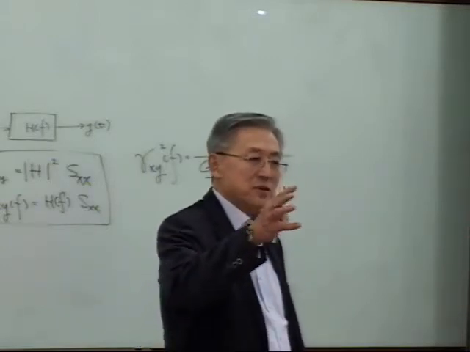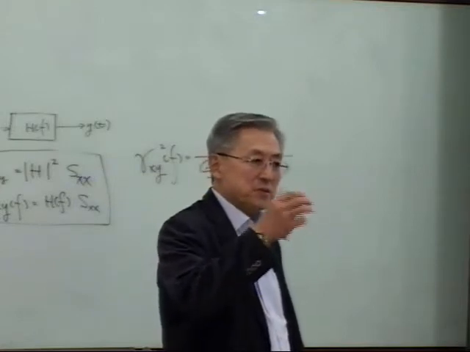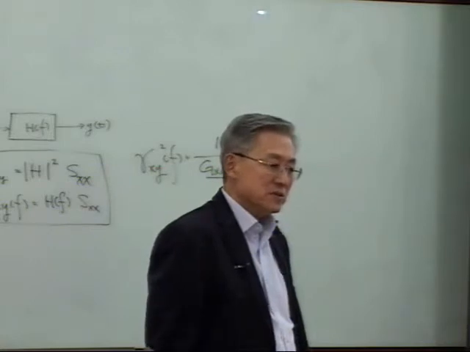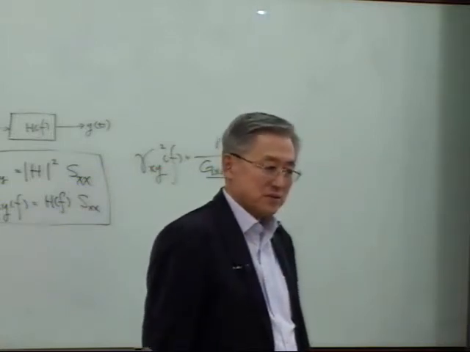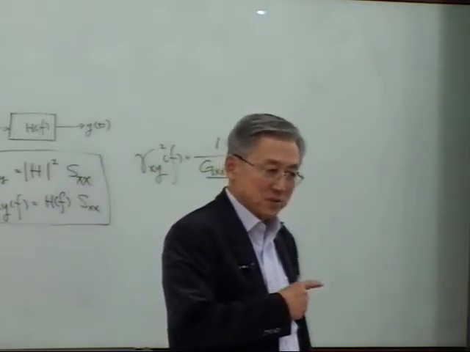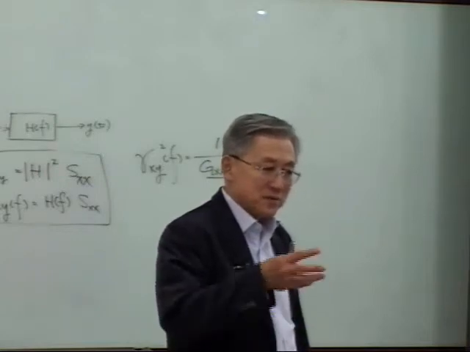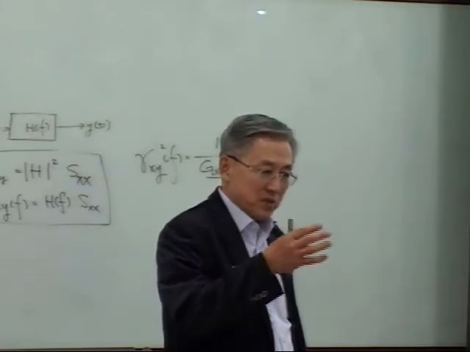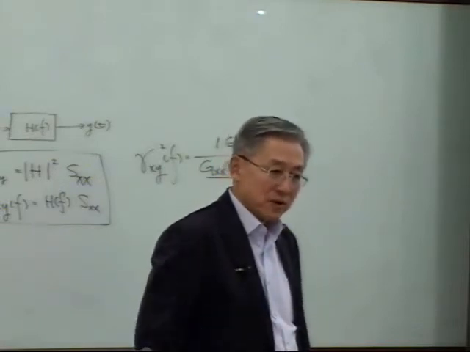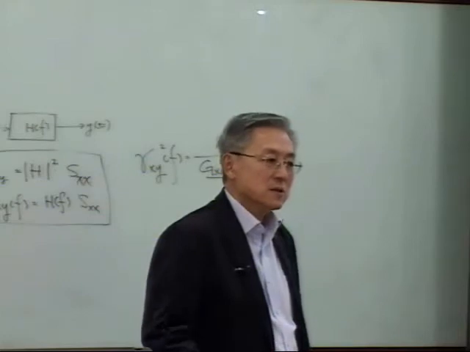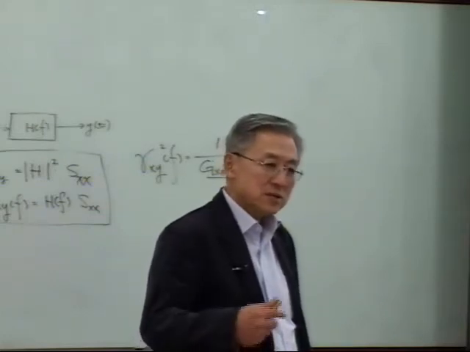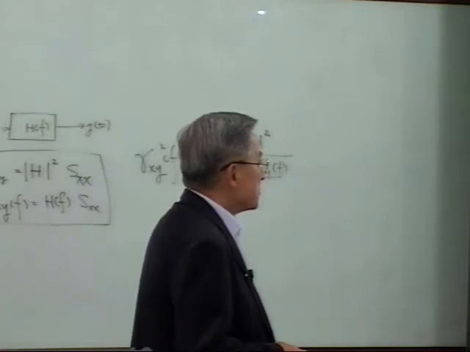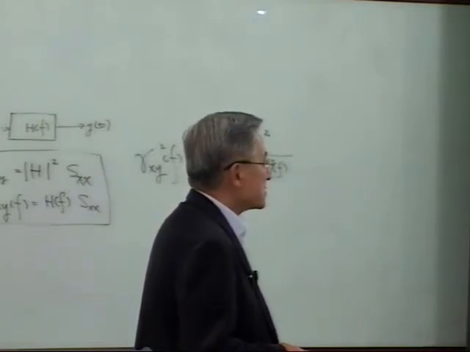If you look at the dynamic signal analyzer instrument, there is always a button for the coherence function. That's the gamma xy square. Of course, internally, they use the measured data to get the gamma xy square. So it's calculatable using the measured data. So this is measurable, this is calculatable.